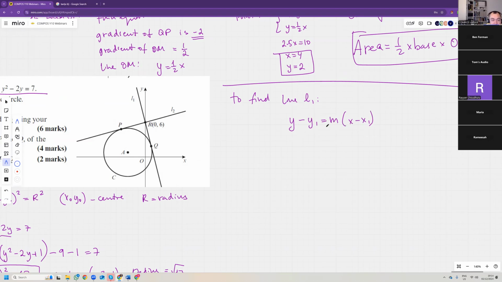But that means that y minus 6 is equal to m multiplied by x minus 0. That means y is mx plus 6. So this is the line L1 where m is unknown.